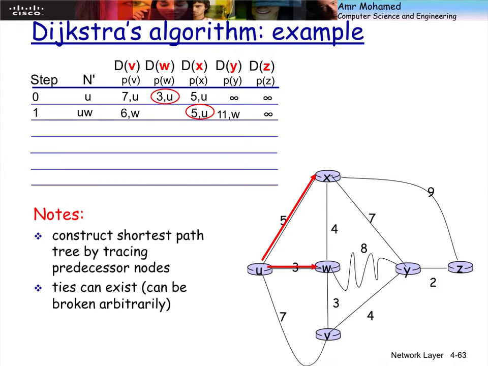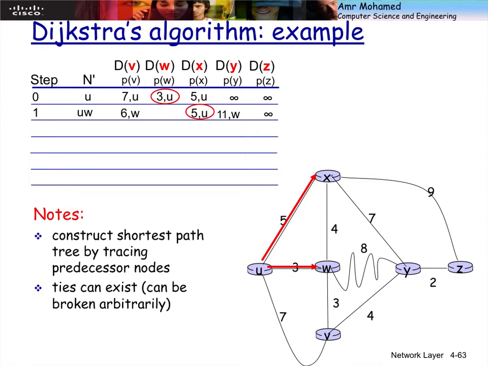So the minimum in that case is 3 plus 3 through this route. Okay? So when we add W, we add this link, and we'll talk about this later. Okay? So now if I want to calculate the distance to V, the distance to V has improved to 6.